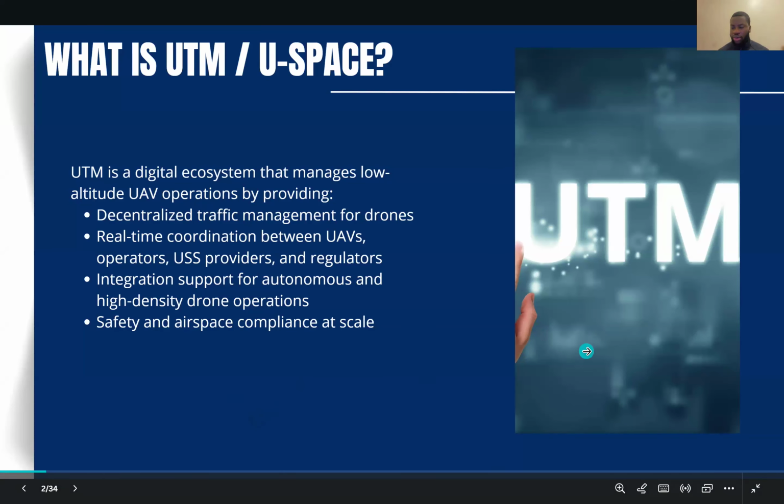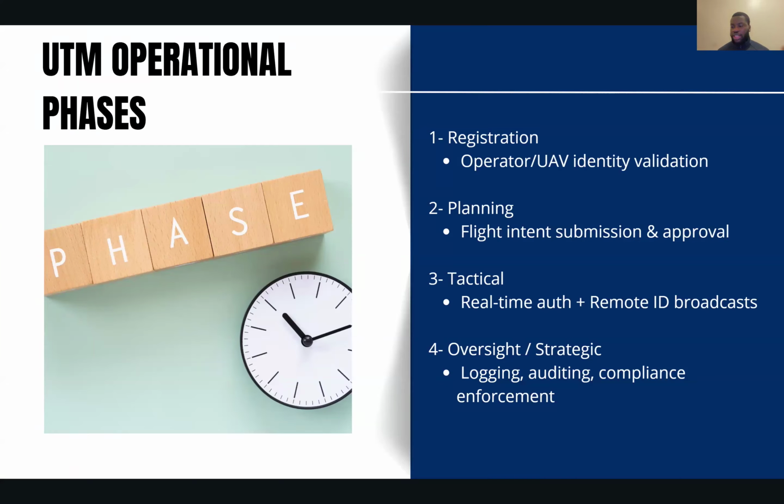So UTM operation follows four phases. The first phase is registration, basically where the operator and the UAV are validated and credentialed. The second phase is planning. It's basically where the flight intent is submitted and approved before the drone takes off. The third phase is tactical.